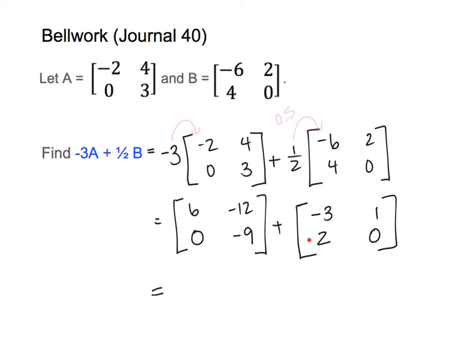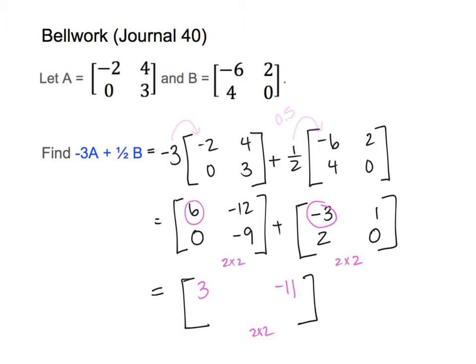So then these two matrices are both 2 by 2s, right? And if they're both the same size, kudos for you, you can add the matrices by adding the corresponding entries. So you're going to make another 2 by 2, and I'm going to take the corresponding numbers and add them together. So 6 plus -3, +3. -12 plus 1, -11.